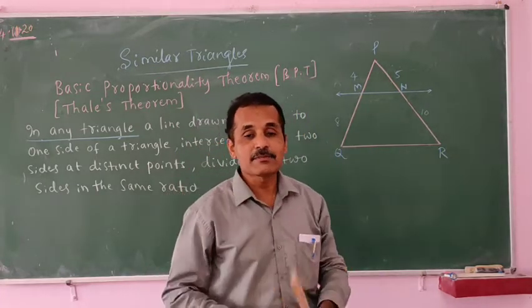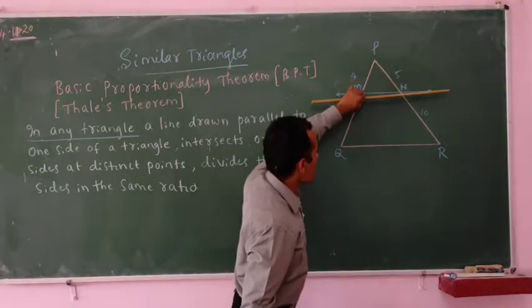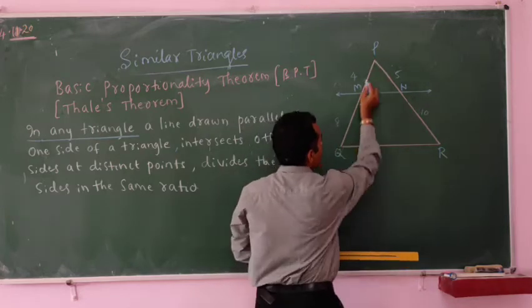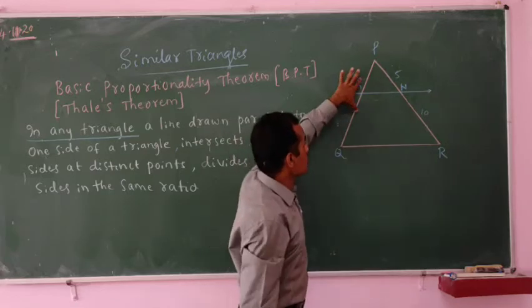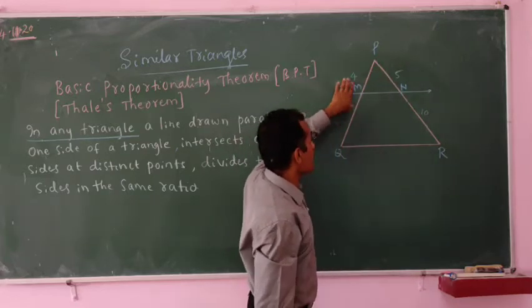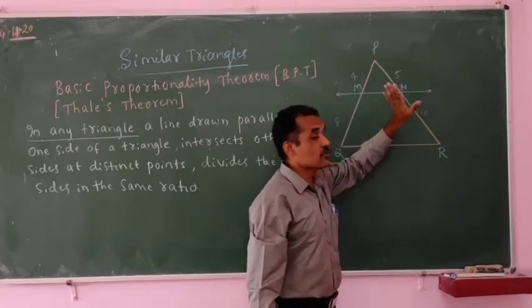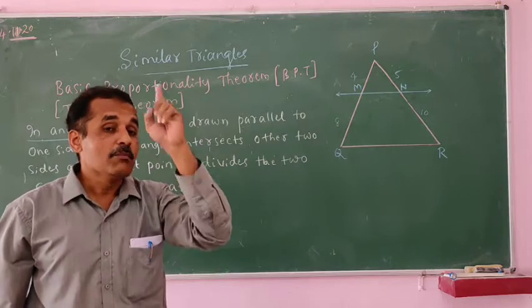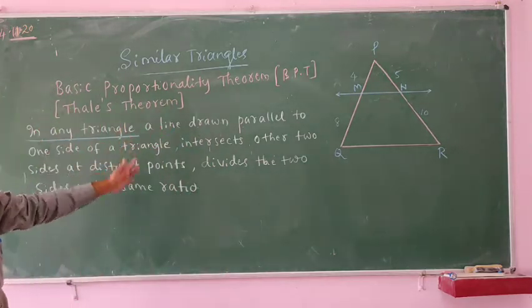Ultimately, what Thales' theorem says: for any triangle, if a line is drawn parallel to one side, which intersects the other two sides at two distinct points, then these two sides are divided by this line in the same ratio. Ratios are equal to each other. No sides are equal, but the sides are proportional. This is what we are going to prove.